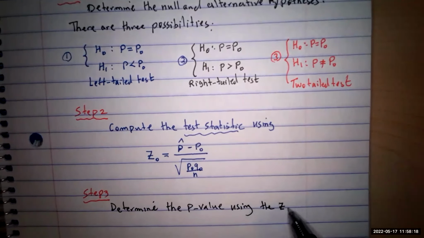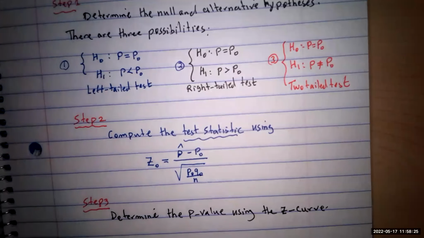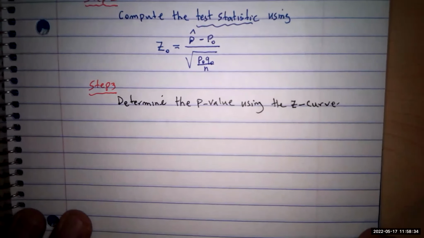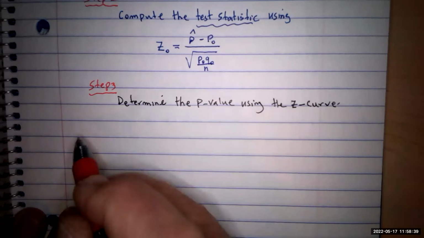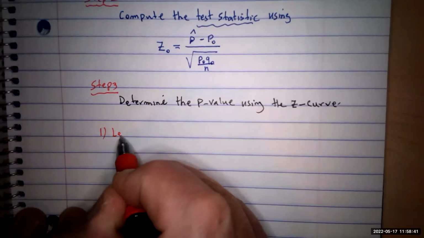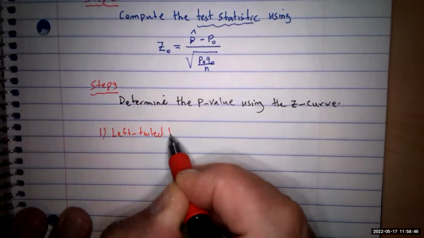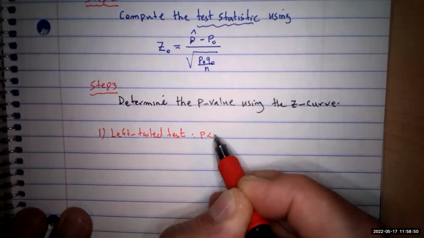For this one, there are going to be three possibilities, for the right tail, left tail, as you did for the mean. Just repeat it here so that you have it. Case one means a left tail test, where we get P is less than P0.